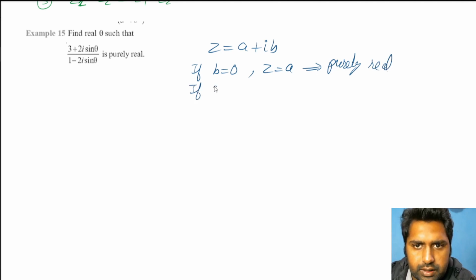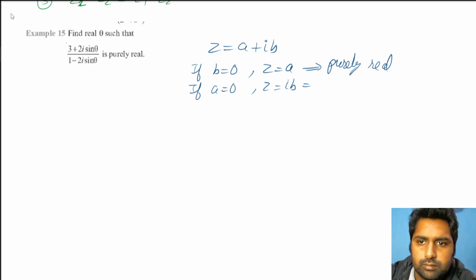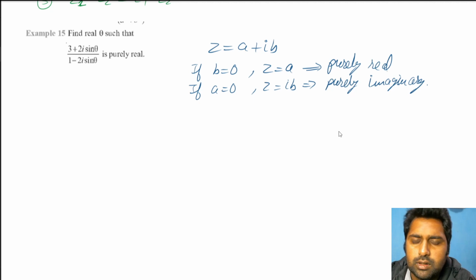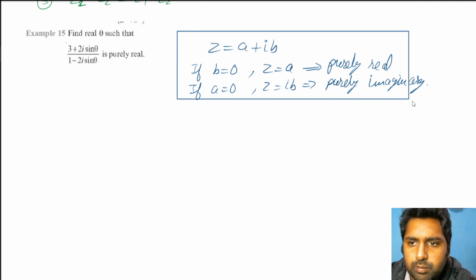And if your a is 0, your complex number will have only imaginary part, iota b. This is called purely imaginary. Okay, so do remember these conditions. What is the meaning of purely real and purely imaginary?